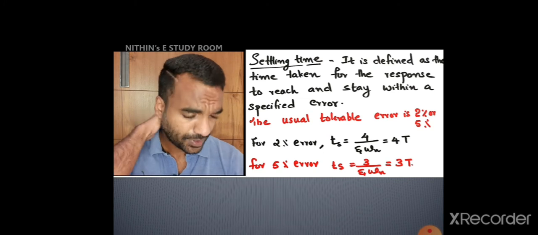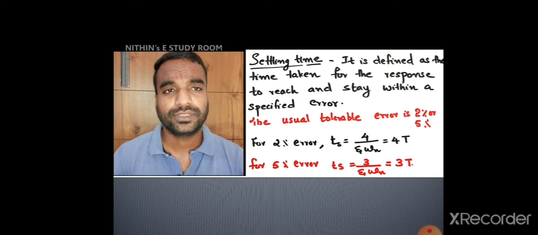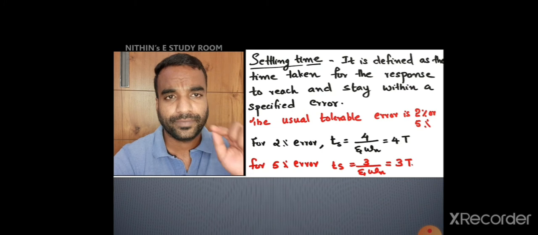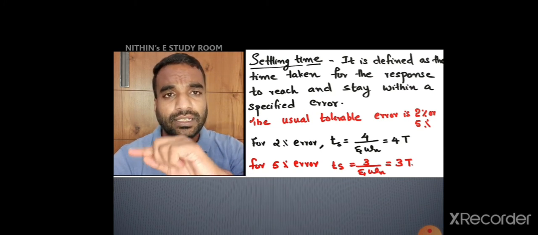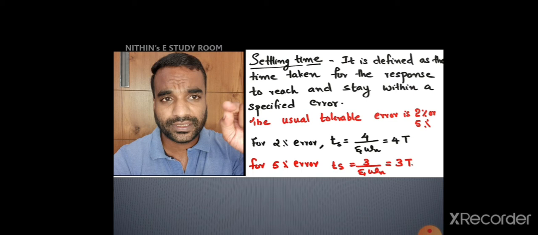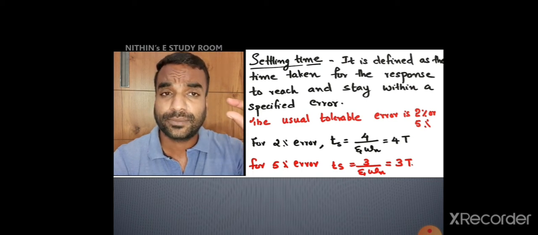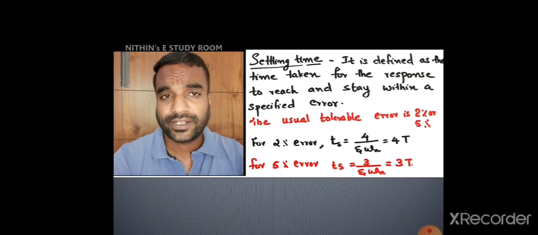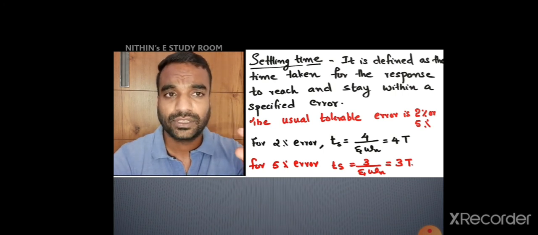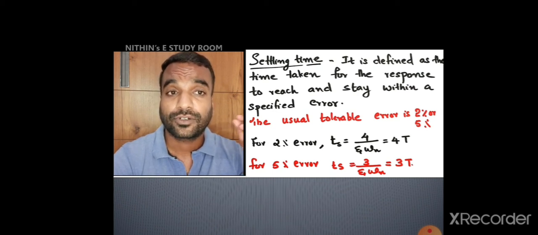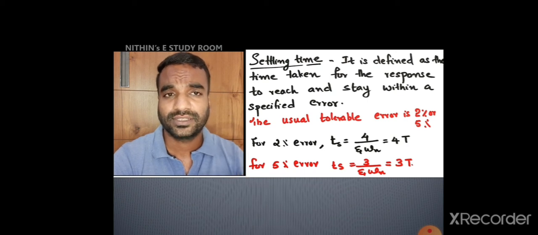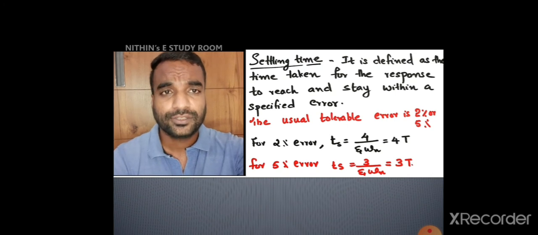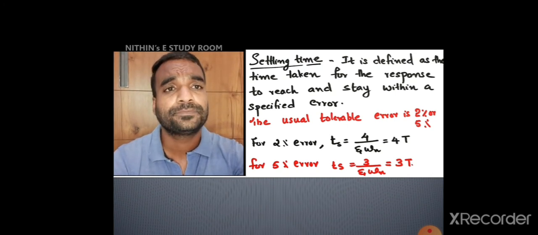You can imagine it by common sense: as time goes on, the response approaches closer and closer to the final value 1, so the error reduces. So for 2% error, 4 time constants are required, and for 5% error, only 3 time constants. And what is the time constant? That is 1 by eta omega n. So better learn these equations by heart.